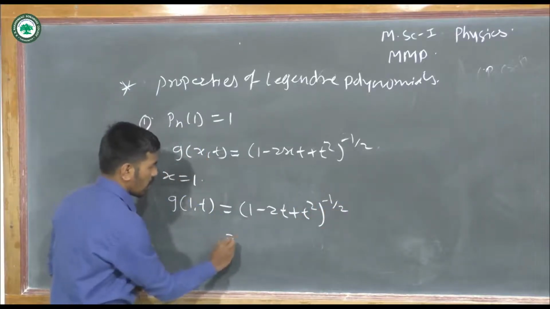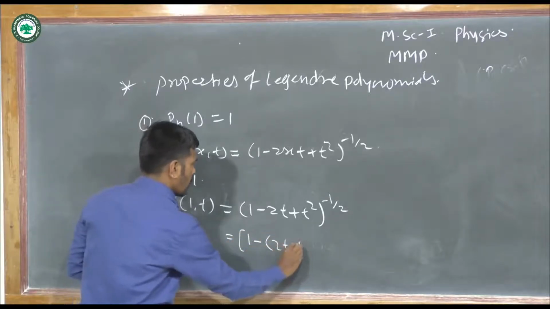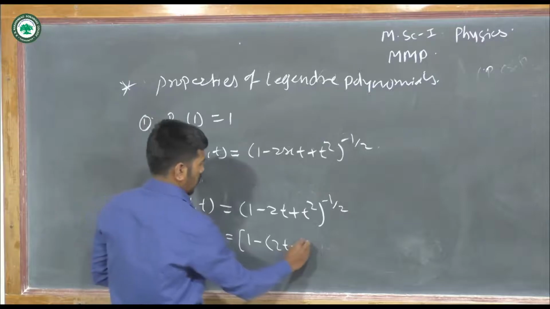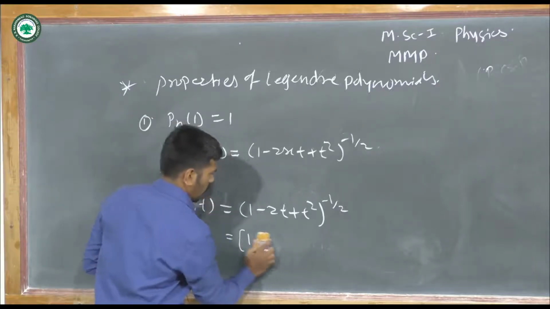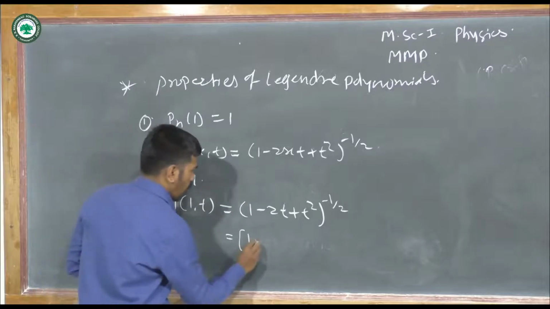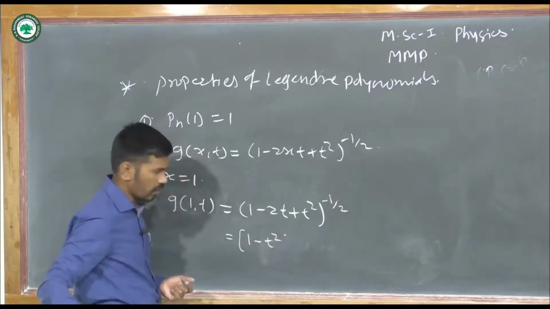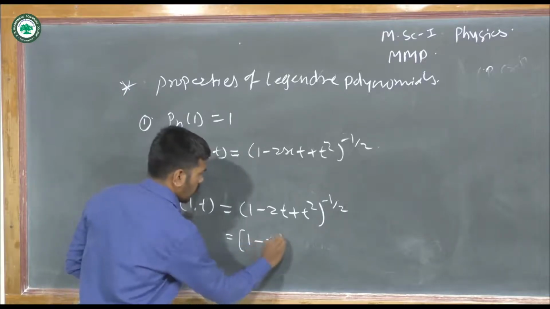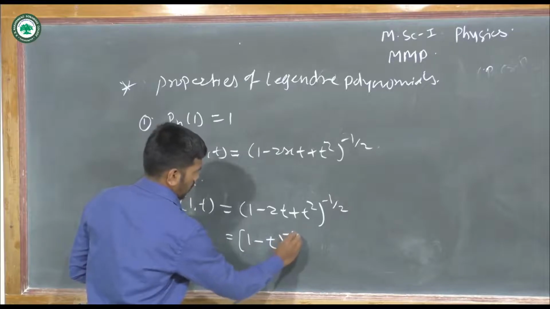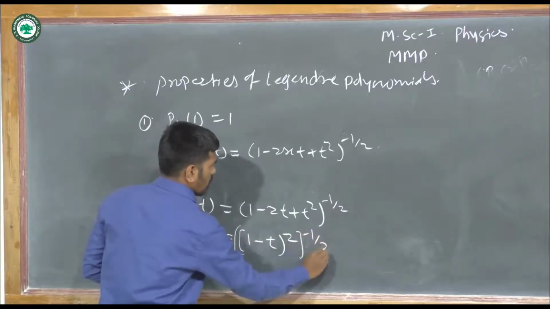You can write this as (1 minus t) whole square, to the power minus half.